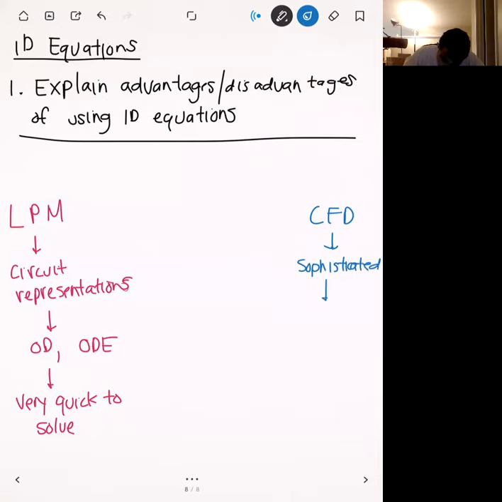It's basically 3D Navier-Stokes. The benefit of CFD is that it's incredibly detailed, and so you can get things like the pressures at a very precise location in the vasculature.